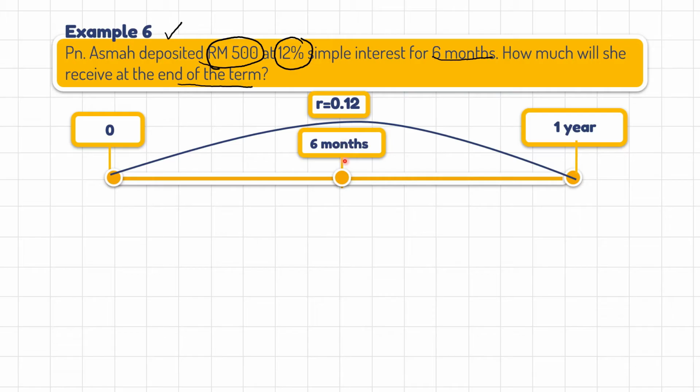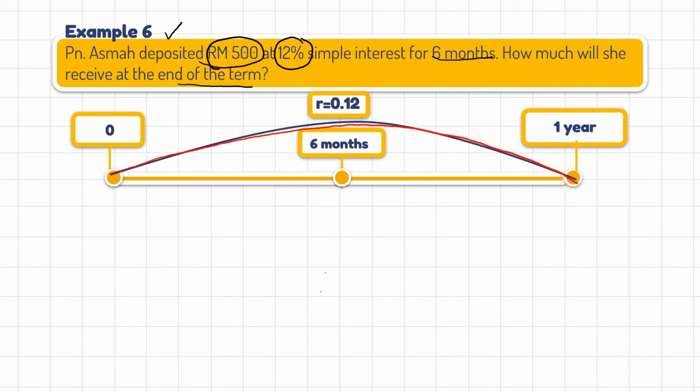Please understand it carefully. If you put your loop like this, and then you put R equals 0.12, it will be wrong. Why? Because simple interest rate is calculated per year. That means 1 year. If you put your loop from 0 to 6 months, it does not match the definition of simple interest. That's why our loop is from 0 to 1 year. So it will be going like this, from 0 to 1 year.